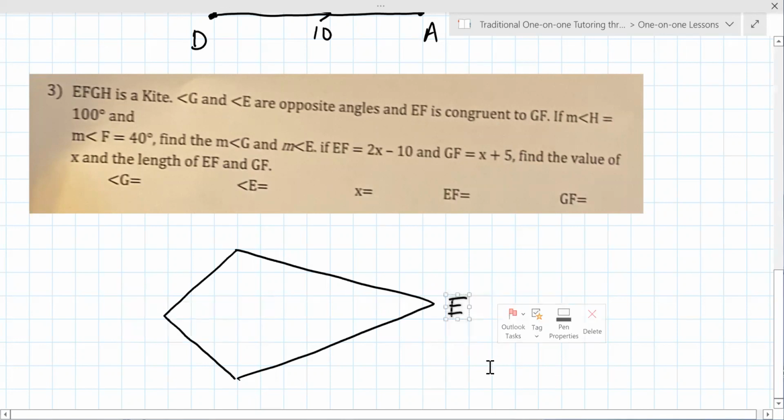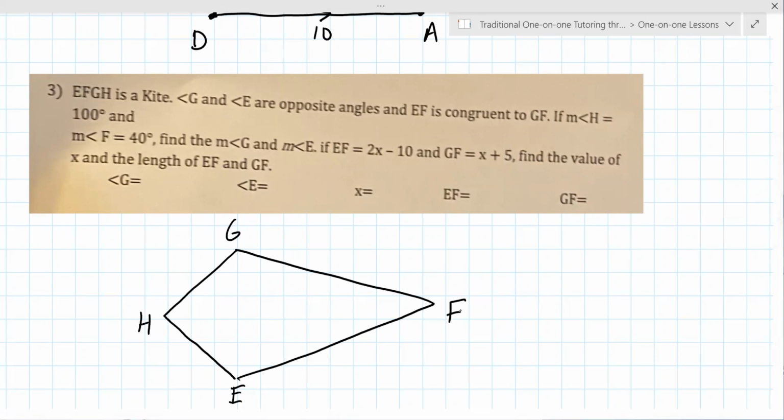It's not written well, so that's why it's sort of a struggle to figure this out. So let's go H and let's go F like this. I think this should work here. Yeah, let's go with this.